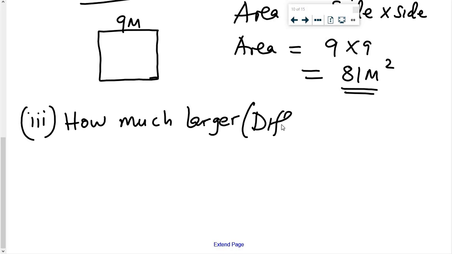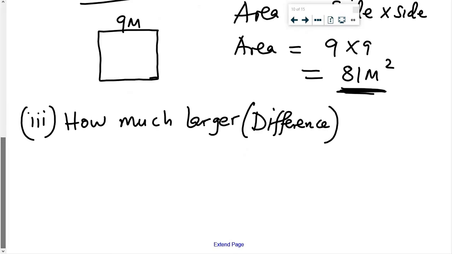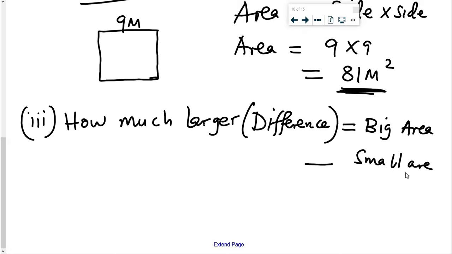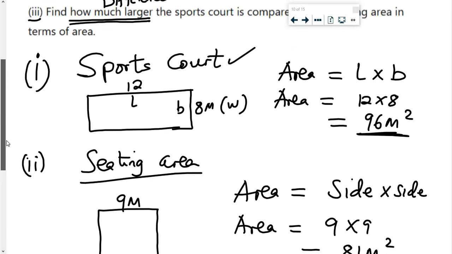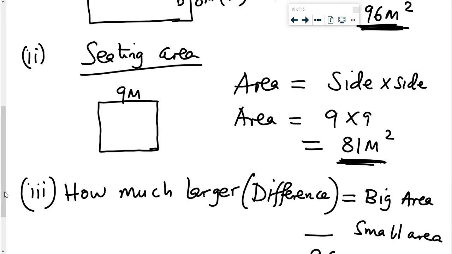Simply look for the difference. And how do we calculate the difference? You take the big area minus the small area. Meaning 96 minus the big area is 96, the small area is 81.